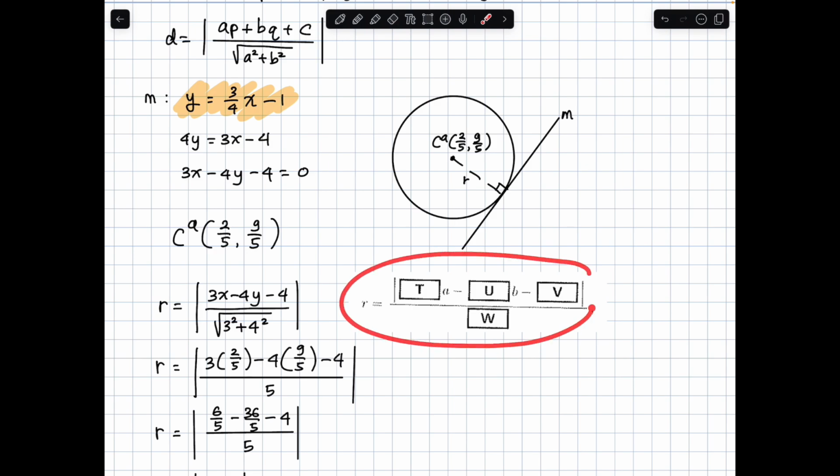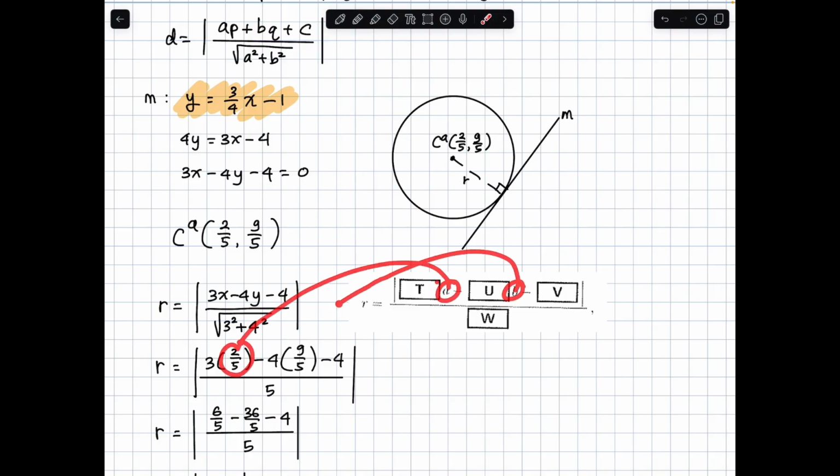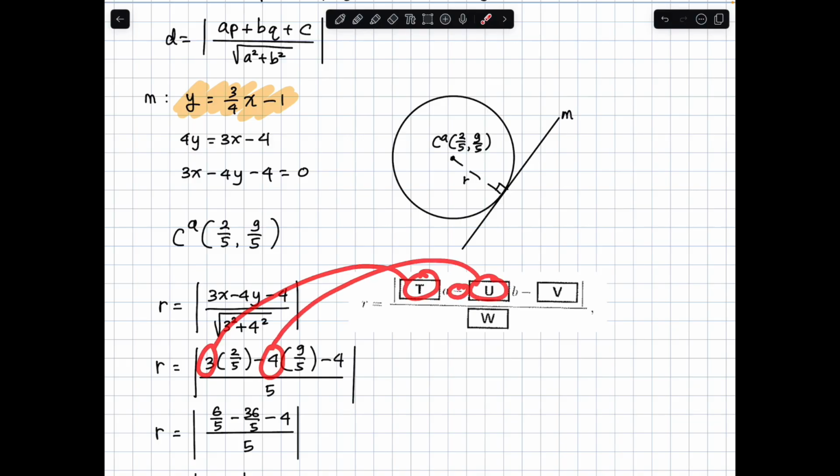You can just use this section. The value of P, because this is actually A, this is actually B, right? So we can fill P with 3, U with 4, because this is already the same sign, V with 4, this is also already the same sign, right? And W with 5.